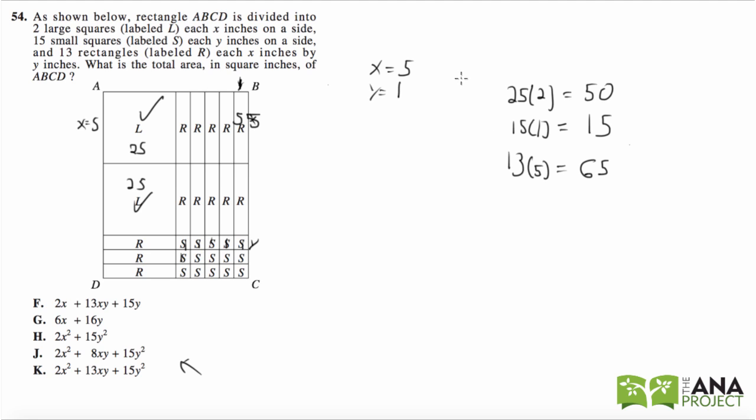So we've done the L, the two squares labeled L. We've done the 15 squares labeled S, and we've done the 13 rectangles labeled R. So all we have to do is add 50 plus 15 plus 65, and we get 130 square inches.